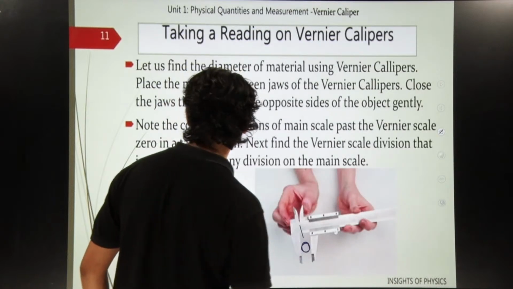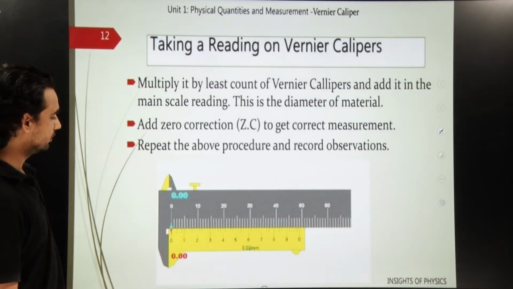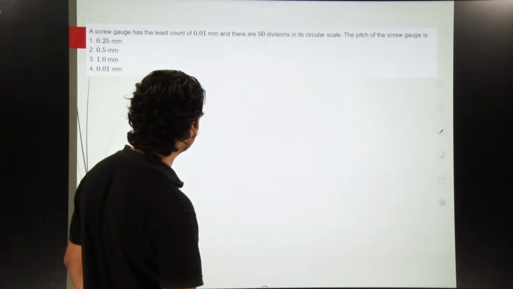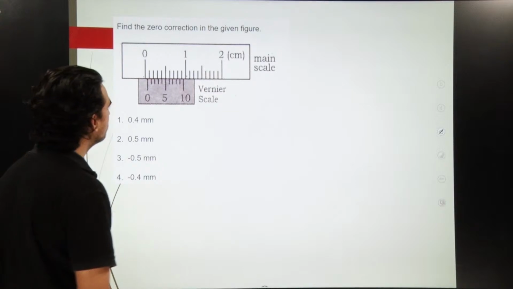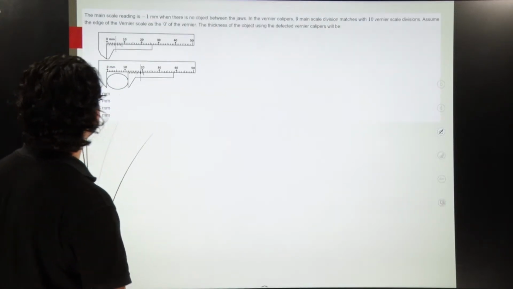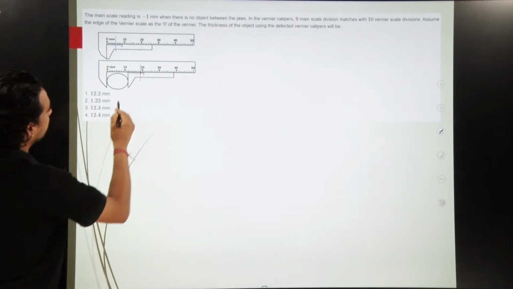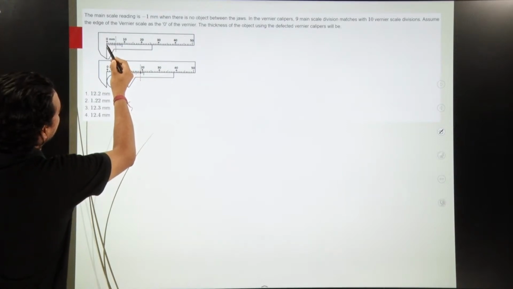So let's make a diagram here. Let's take an example. Let's forget about the zero error for now.